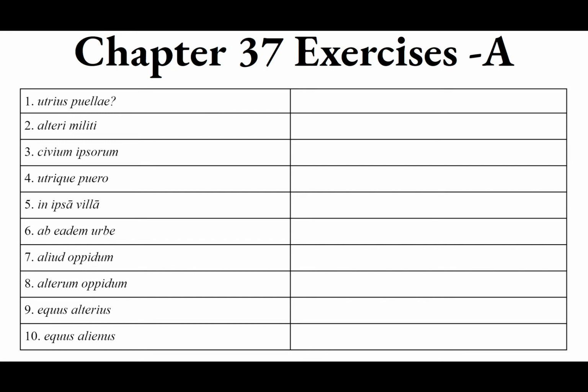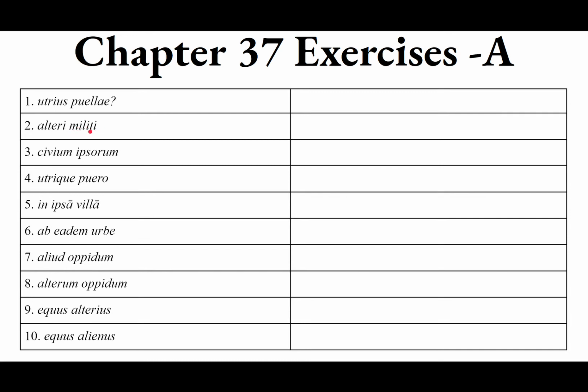So there are, in essence, two things. Like uter, utra, utrum implies there are two things, and we're asking which one of the two? Which girl of the two? Alteri refers to the other militi, soldier. And it's dative because it's one of those heteroclite adjectives, unus nauta, alteri.